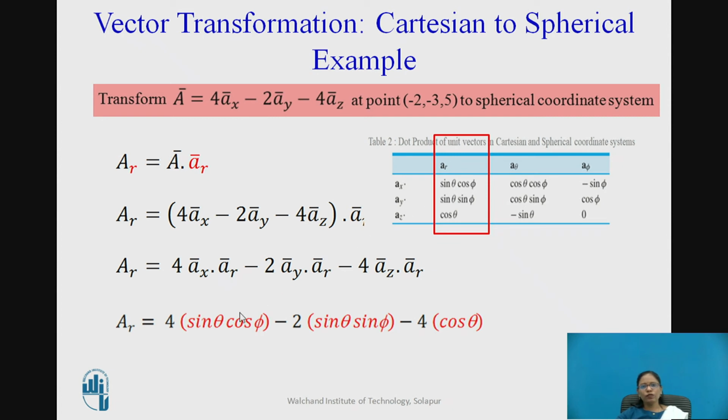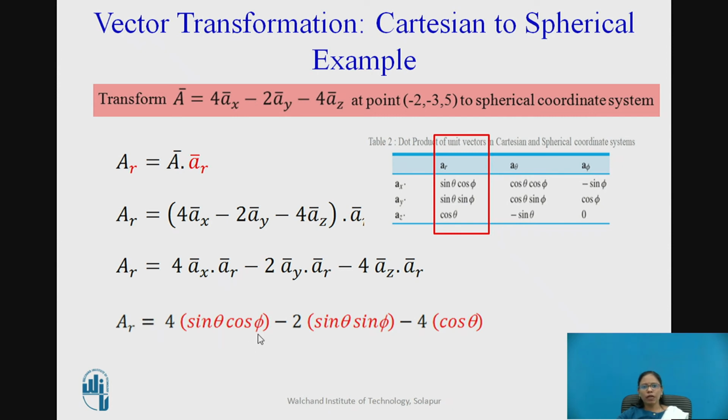I'll take the values from this table and I'll get this equation of capital AR, which is the magnitude. Now, I want this AR as a magnitude. I want the value of theta and phi so that I can calculate this equation, some value, and that value can be put in the equation in order to get the vector A bar.